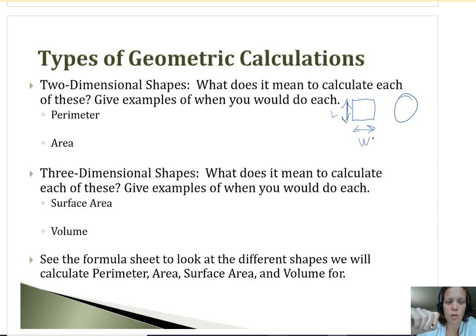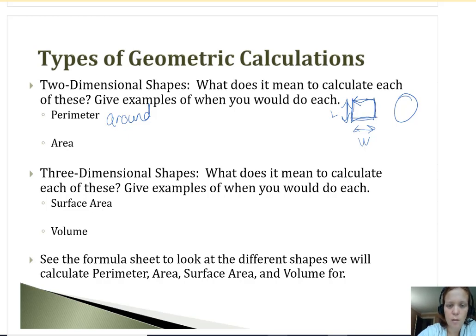In terms of two-dimensional shapes, the things we're usually interested in are the perimeter. Think of perimeter as going around the shape. What's the distance around the shape? It's going to be just linear still.